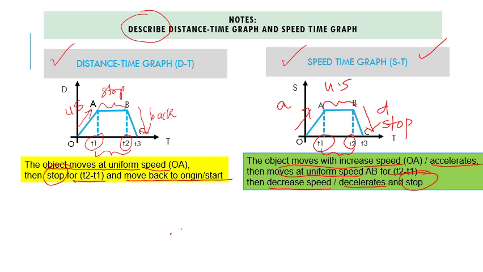Now, do you see the difference? Uniform speed for the distance time graph is OA, but for the speed time graph, it's here, AB. It stops at AB in one graph, but it stops here in the other.